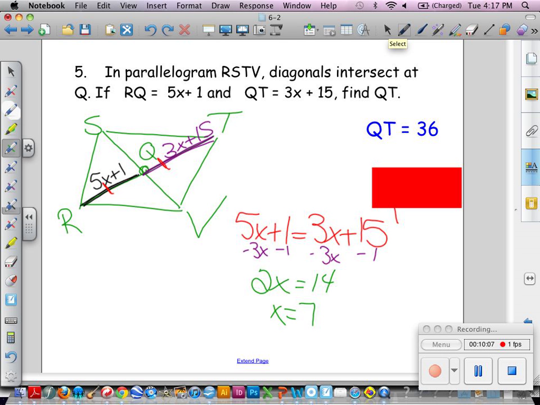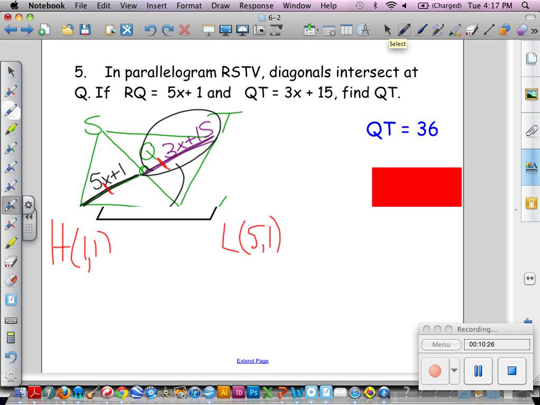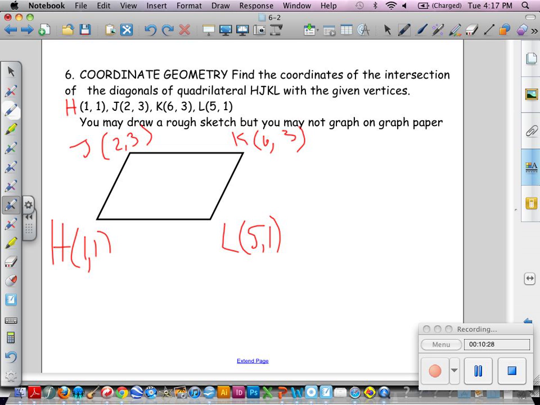You're looking for QT. You have to plug it in here, people. QT equals 3 times 7 plus 15. QT equals 36. Let's move on to the last problem.